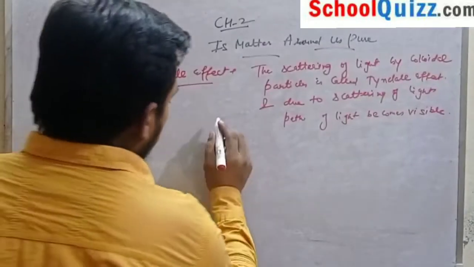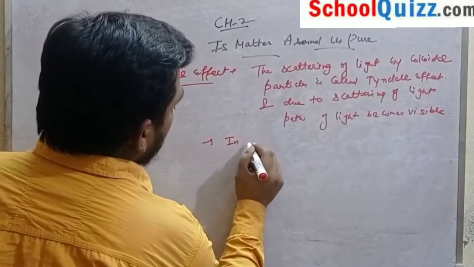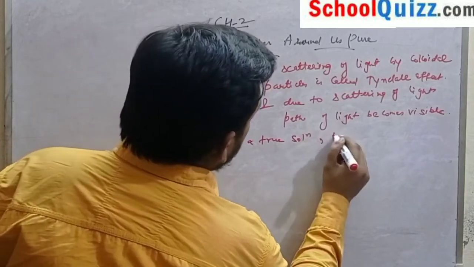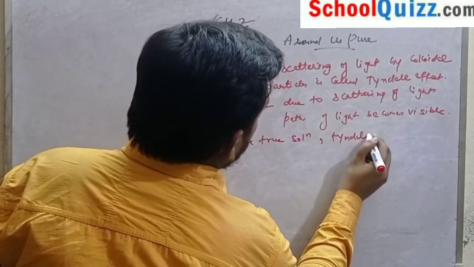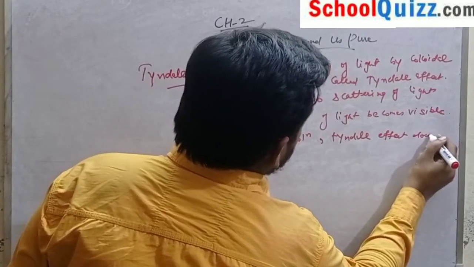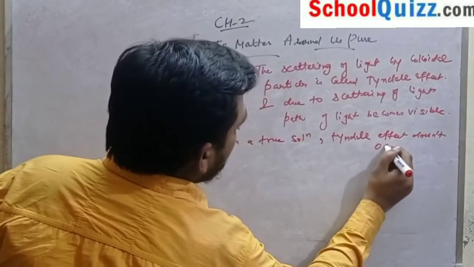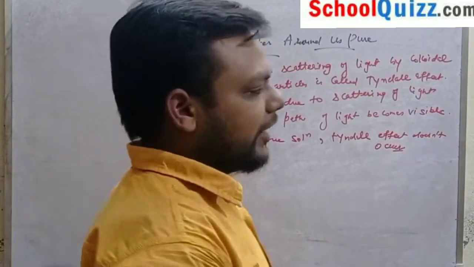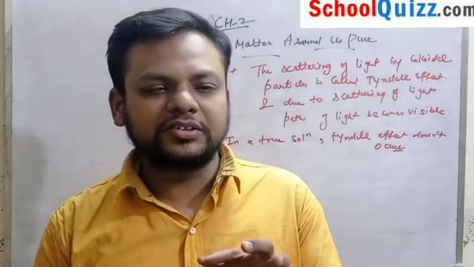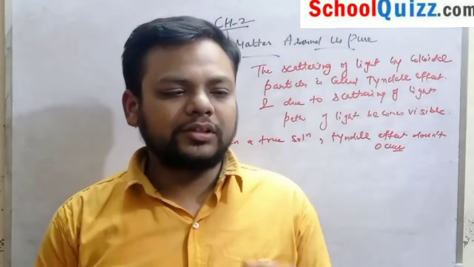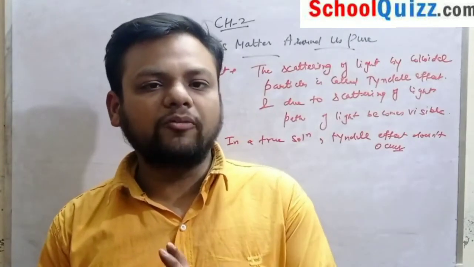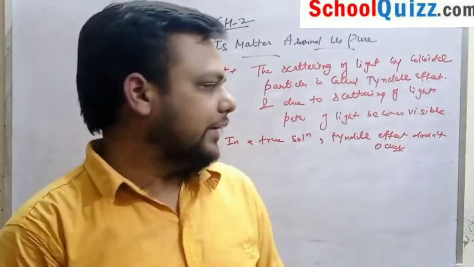So as we know, in a true solution, Tyndall effect doesn't occur. Why is it so? Because the size of the true solution particles is very small, they will not be able to scatter a beam of light.